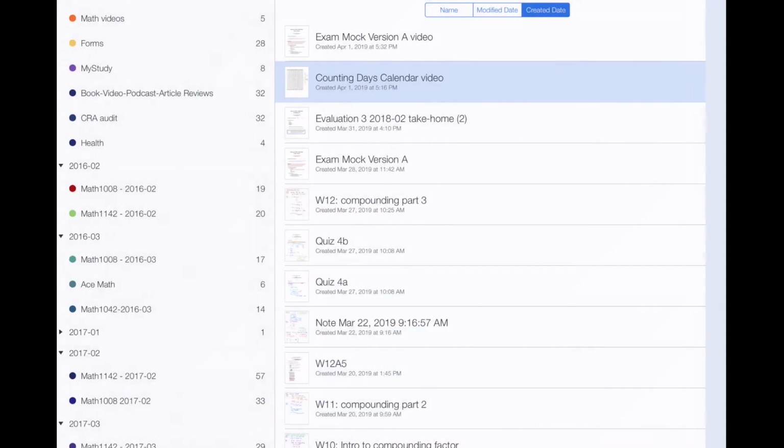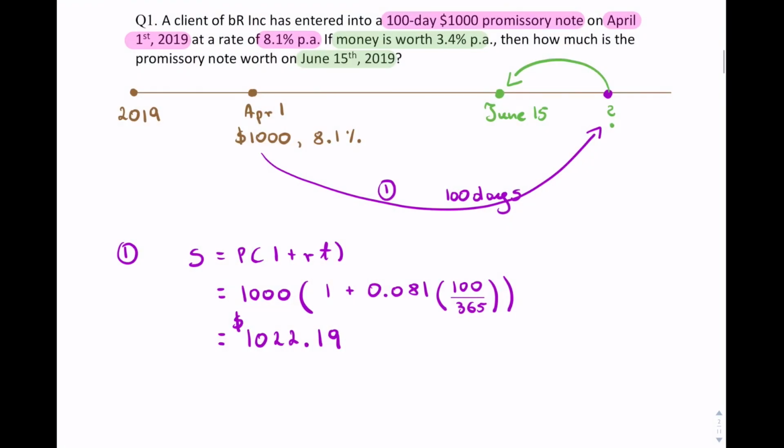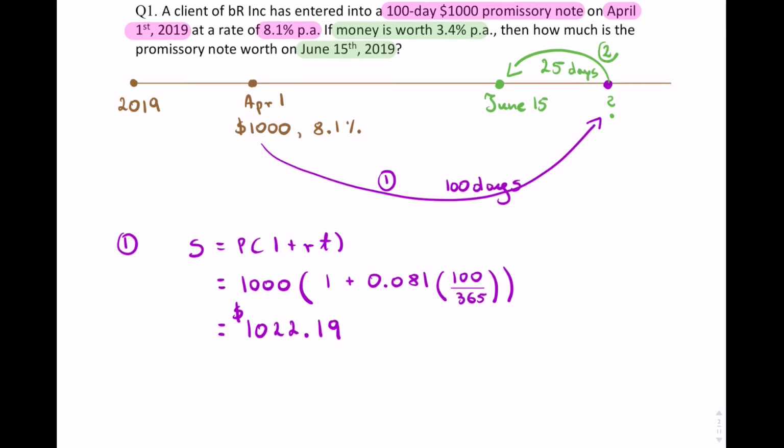So this is 25 days, and that will be step number 2. Now we're going back in time. S divided by 1 plus RT.